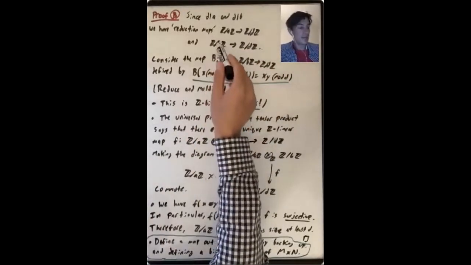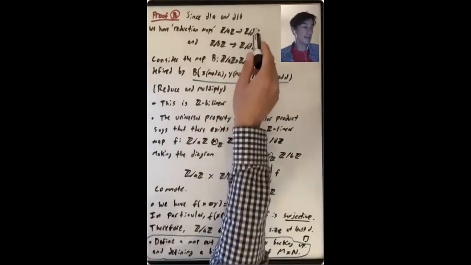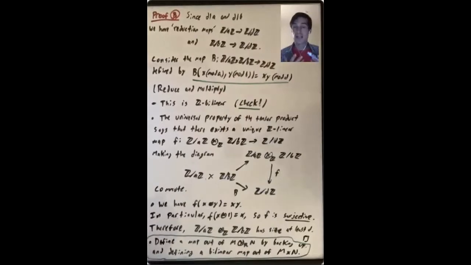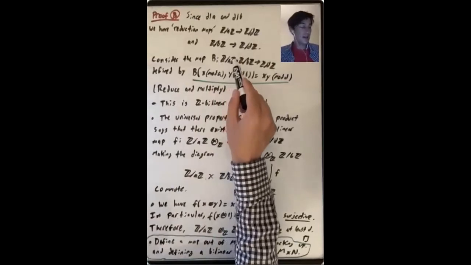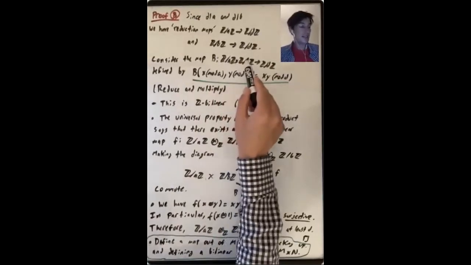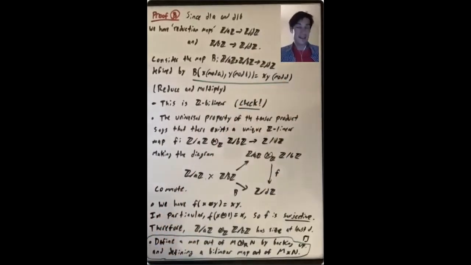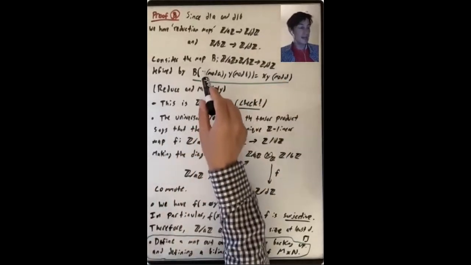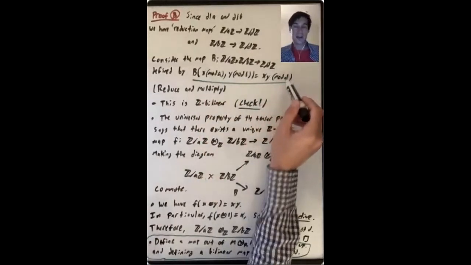Similarly, Z mod BZ, what is it mod D? Because D divides A and D divides B, this map is actually well defined. We're going to consider the map B that takes an element in Z mod AZ cross Z mod BZ and outputs an element in Z mod DZ defined by taking X mod A, Y mod B to XY mod D.